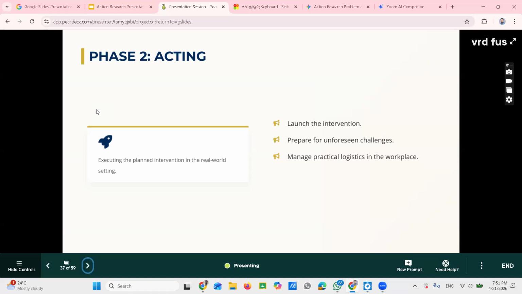You are going to implement your strategies to solve the problem. Right? This is the stage. Here some important points are given: launch the intervention, prepare for unforeseen challenges, manage practical logistics in the workplace.